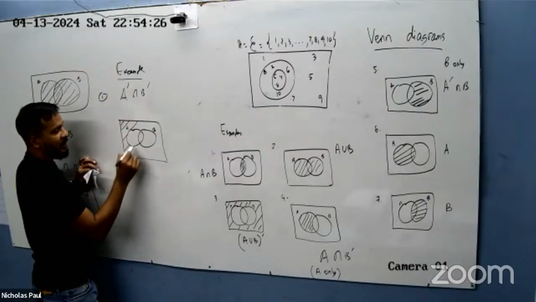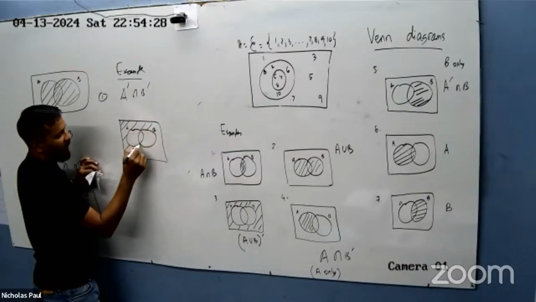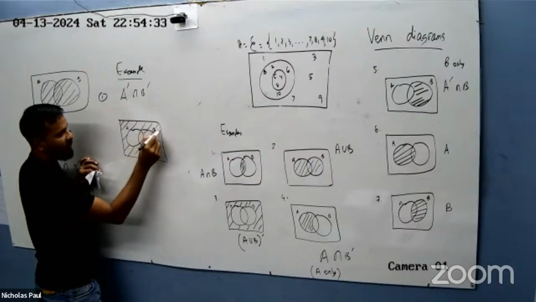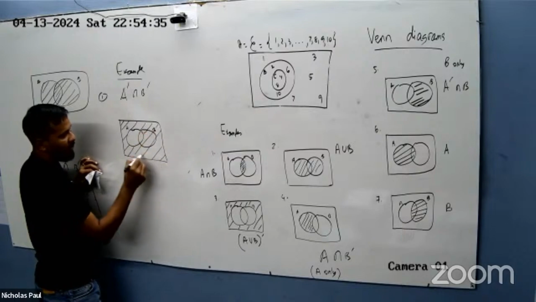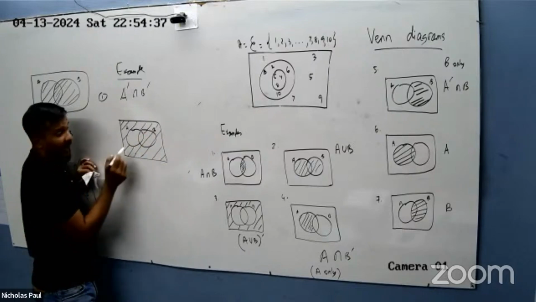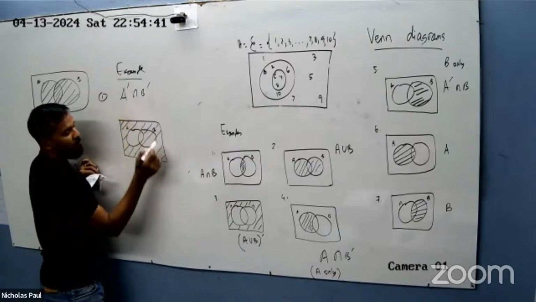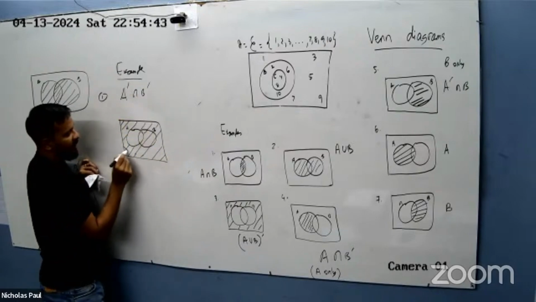Some of you will figure it out, which is good. Outside of A is here as well. Look at that. Everything there is outside A. And now you want outside B. So you're going in the opposite direction.